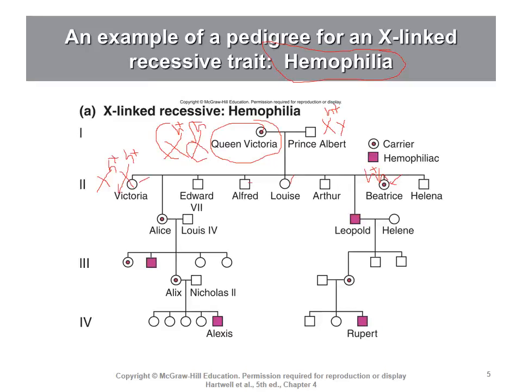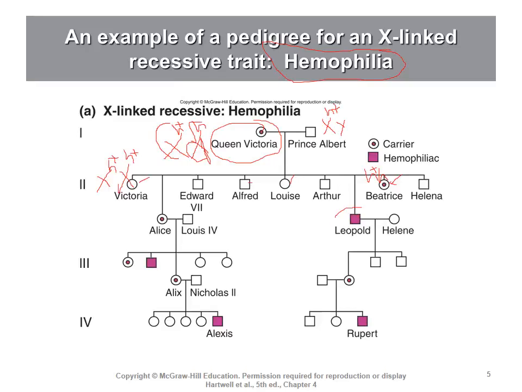So in this scenario, all of the Queen Victoria progeny were normal. But remember that males will inherit the Y chromosome from the father, and they have a 50% chance to be affected because they can inherit either the mutant allele or the wild type allele. But none of the males were affected.